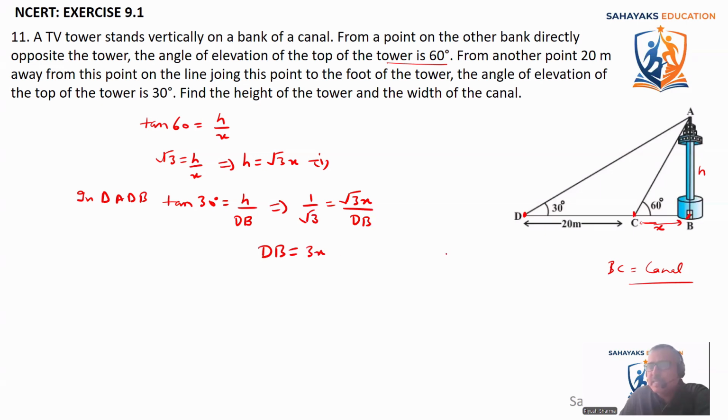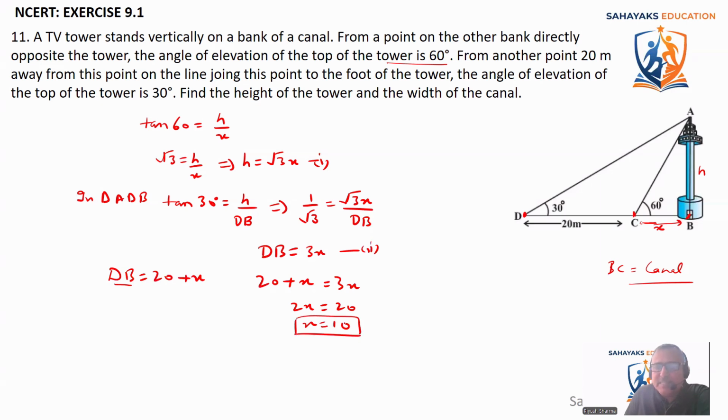This is the second equation. We know dB is equal to 20 plus x, so 20 plus x is equal to 3x. This gives us 2x is equal to 20, and x is equal to 10.